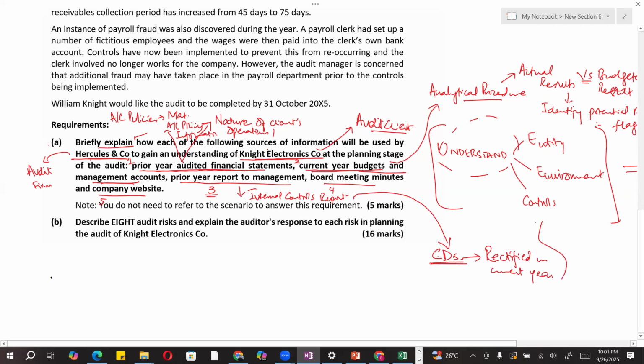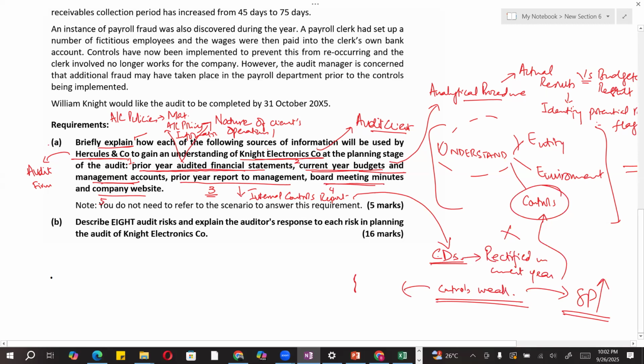Because if they were not rectified, then the controls are not good enough. Your controls may still be weak, may still be deficient, and your audit strategy would have to use more of substantive procedures or substantive testing. Then comes in the board meeting minutes.